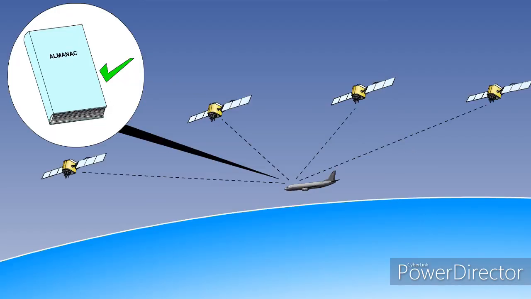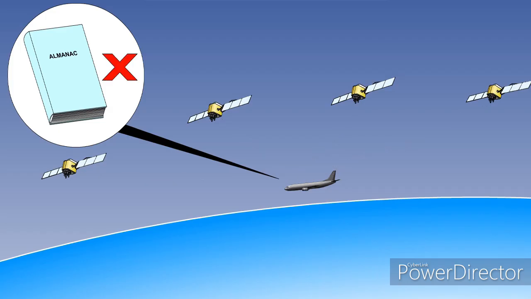Because the orbits are mathematically defined, an almanac of their predicted positions can be maintained within the receivers. Thus, when the receiver is switched on, provided it knows its position and time to a reasonable degree of accuracy, it will know which SVs to expect and can commence position update immediately.